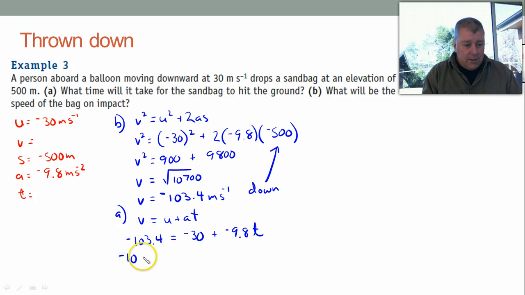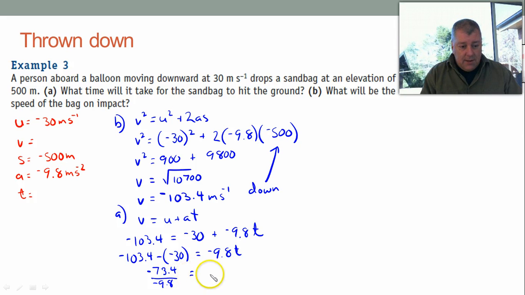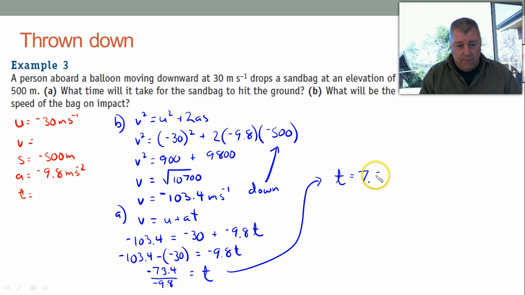We have minus 103.4 minus 30 equals minus 9.8 t. Put this in brackets just so that you can realize that minus and minus is the same as adding 30, and that's why it becomes minus 73.4 divided by minus 9.8 equals t. Therefore t equals 7.5 seconds. There you go.